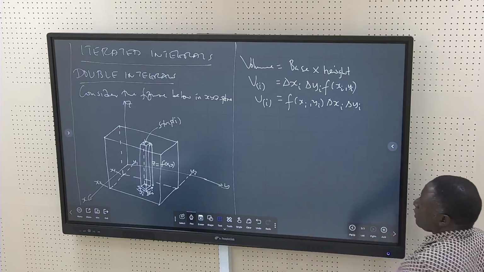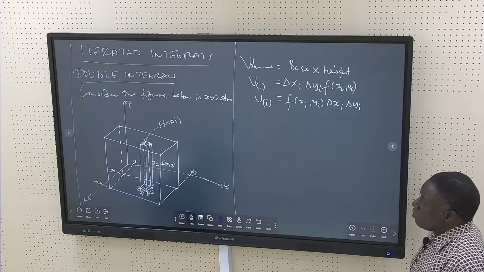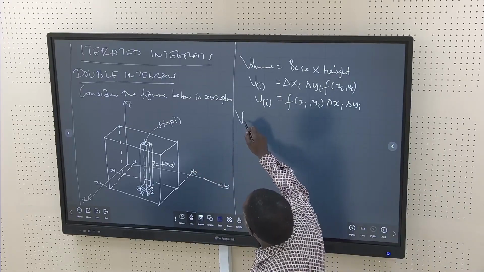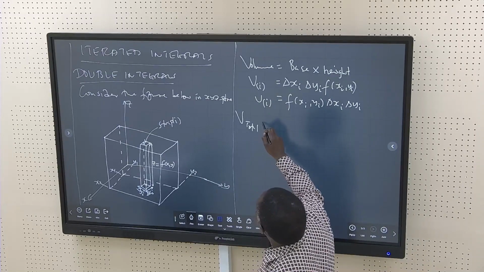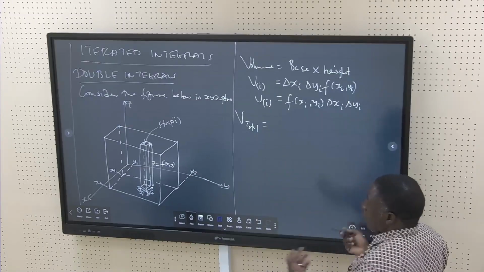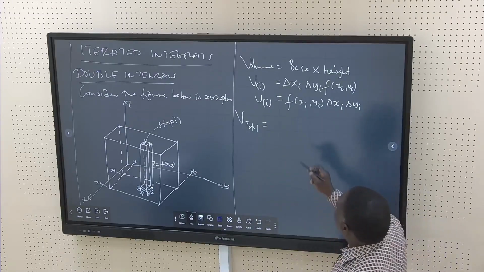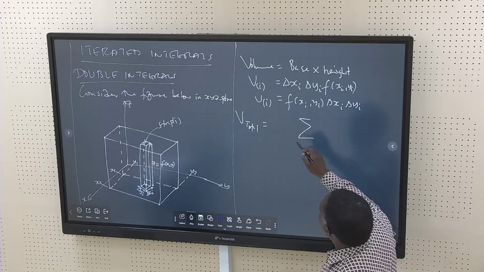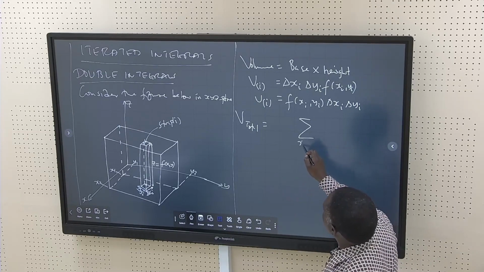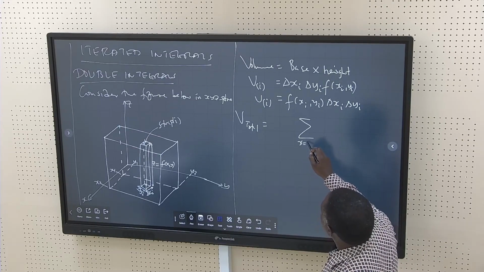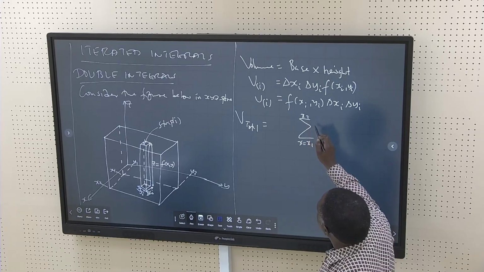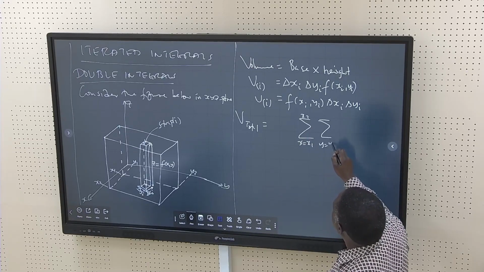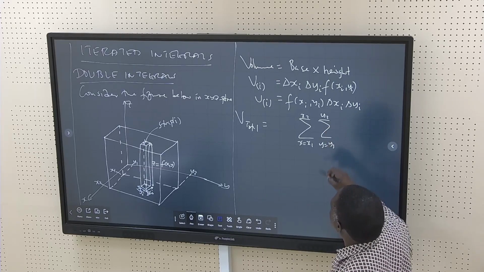So if we wanted to find now the total volume of this block, the total volume will be given as a summation from x equals x1 to x2, and from y equals y1 to y2 of what?